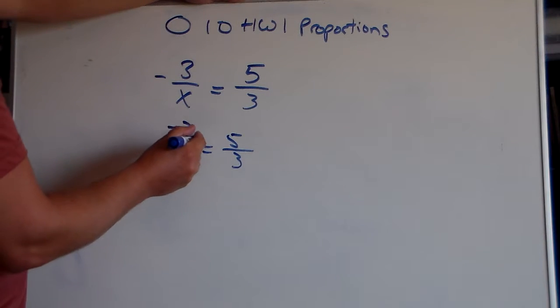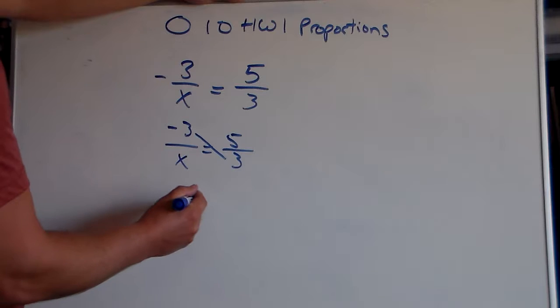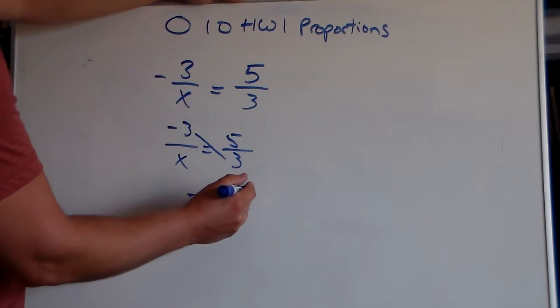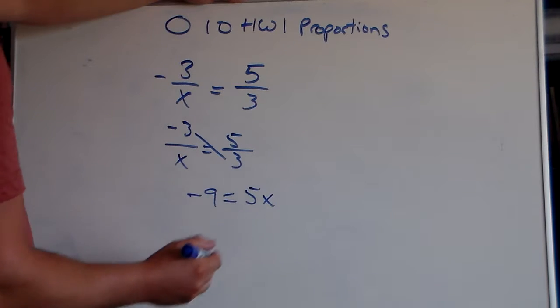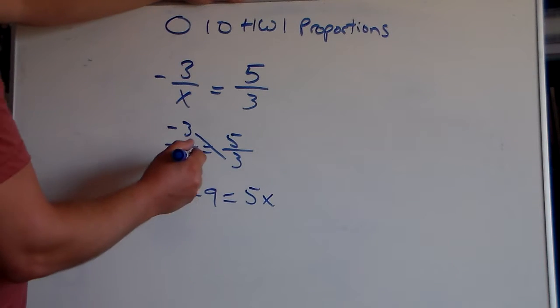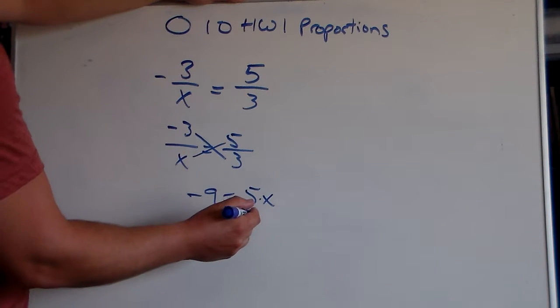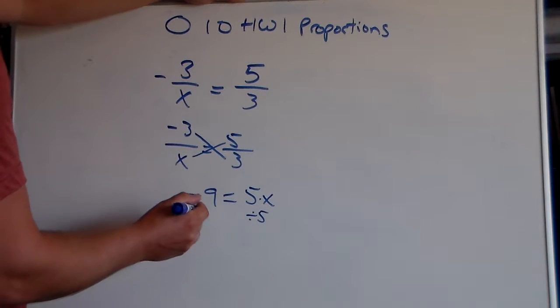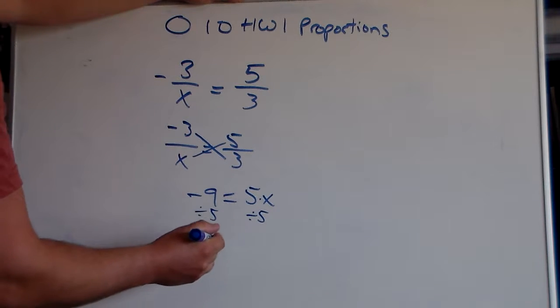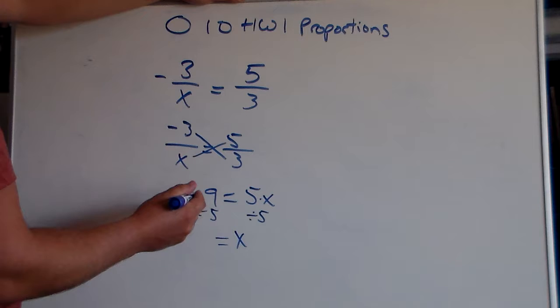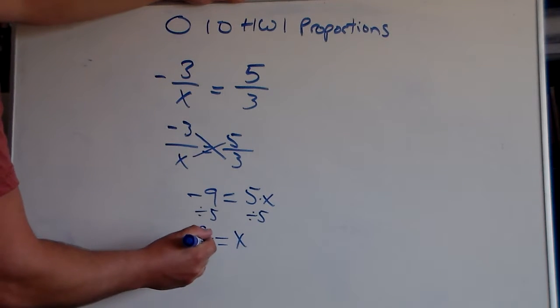Then we're going to cross multiply. Negative 3 times 3 gets us negative 9 equals x times 5, which gets you 5x. We cross multiply. This is 5 times x, so the inverse operation is divide by 5. So x equals, well, negative 9 over 5.